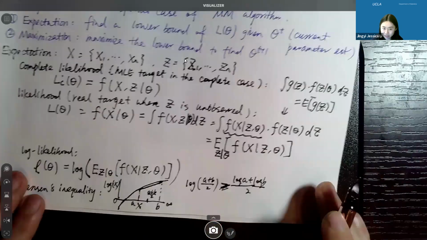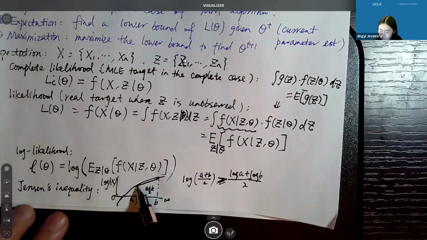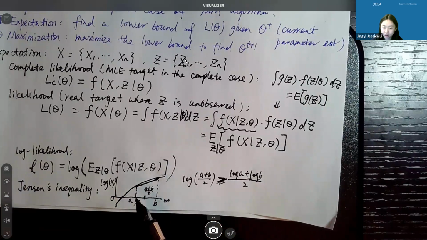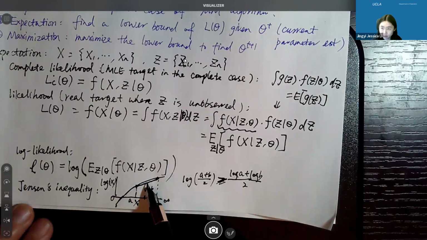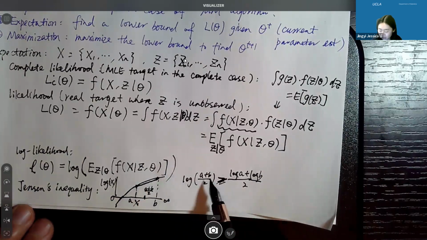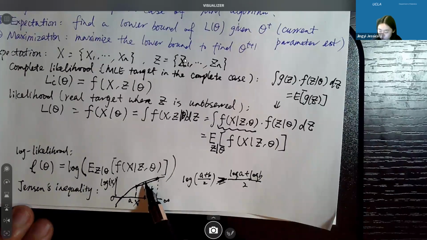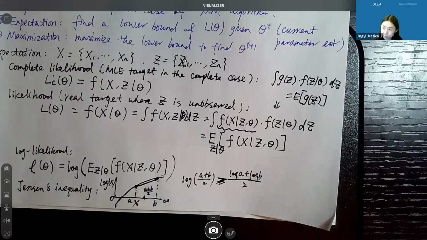The reason is that on the y-axis, this here is log A and this here is log B. If I take their average, the average lies on the straight line. But if I take the average of A and B first, call it A plus B over 2, and find its corresponding log value, it's above the straight line. So that's why I have this here.